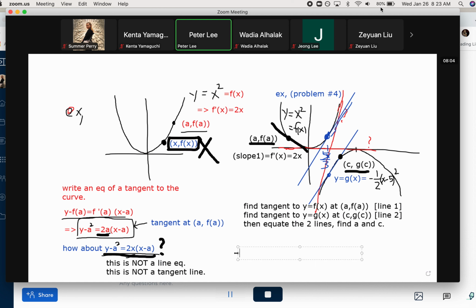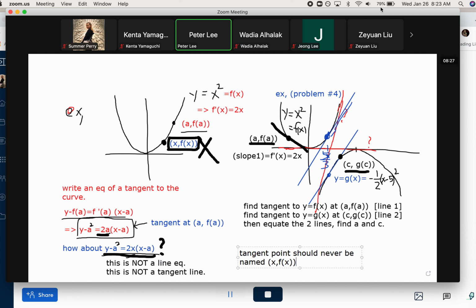So let me write down the conclusion here. The tangent point should never be named x comma f of x. Although sometimes it works, this is a recipe for mistakes.